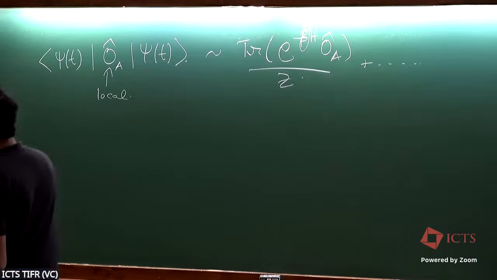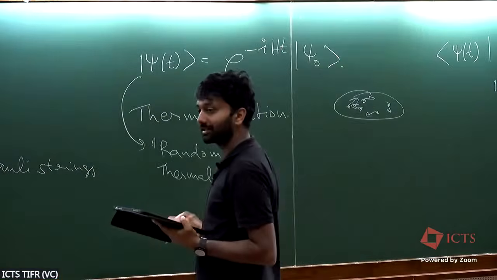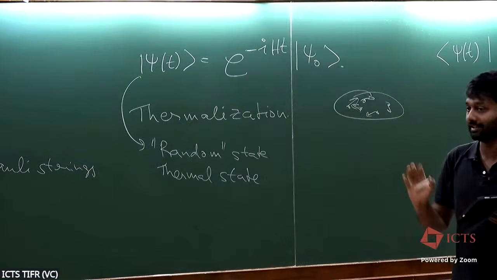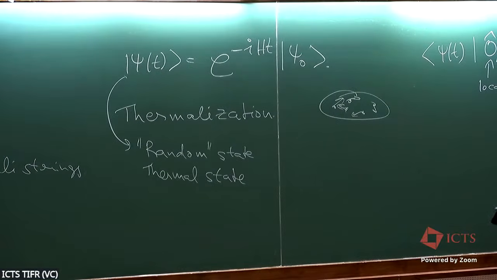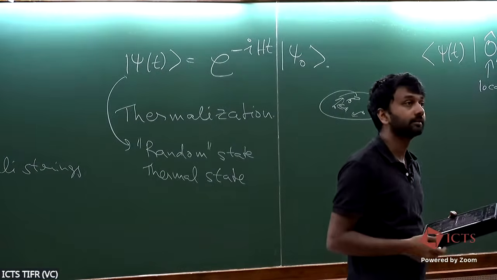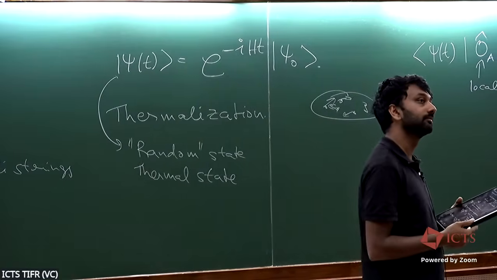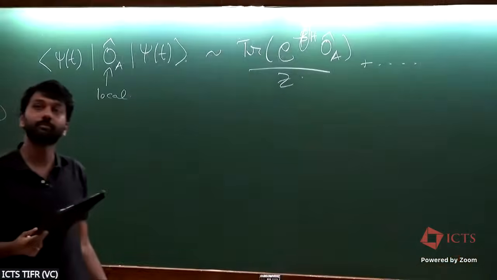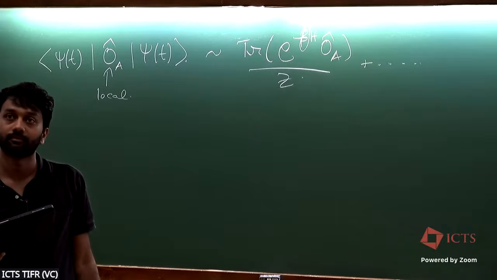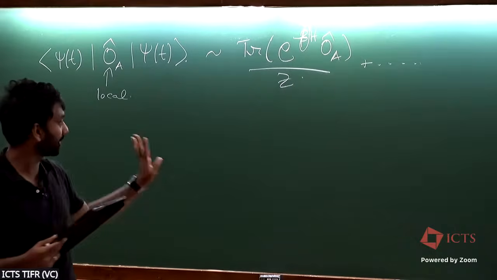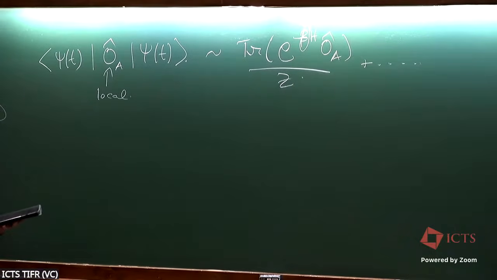The Hamiltonians that thermalize are the ones where you don't have any kind of symmetries, and I'll be more specific in a bit. I'll get to how you define the temperature.